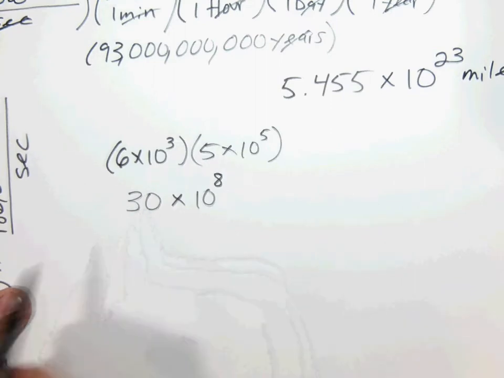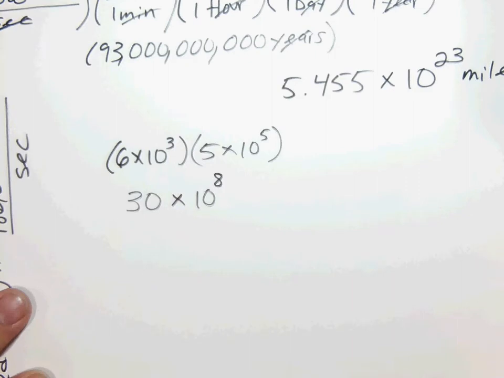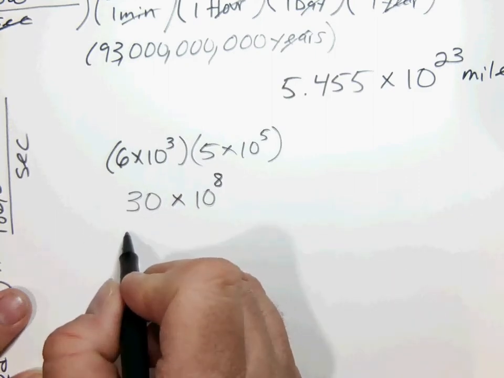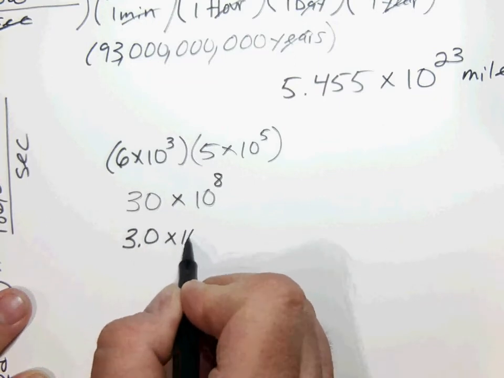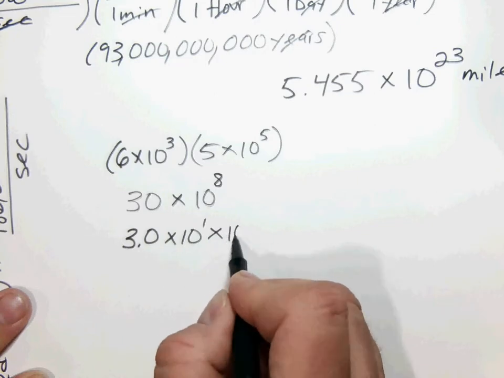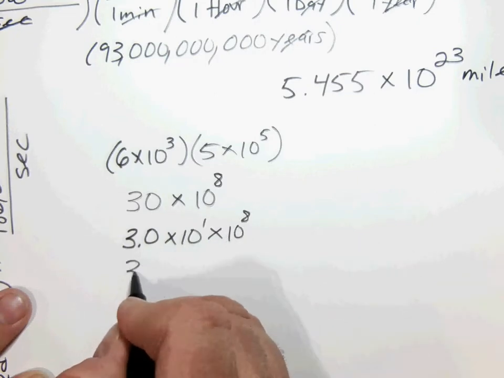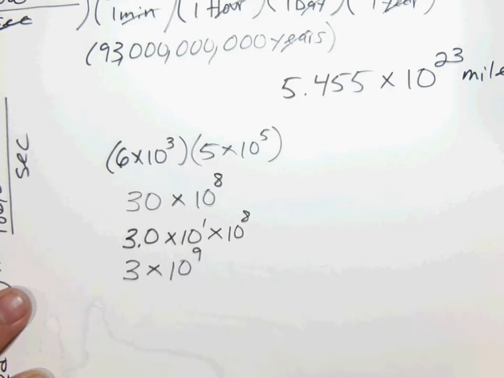But see, this 30 is no longer in proper notation because I'm only supposed to have one number and then a decimal point. So I really need to call that 3.0 times 10 to the power of 1. That's how I would write the 30, but then I already had a 10 to the power of 8. So it's really 3.0 or just 3 times 10 to the power of 9. So I had to make a correction, in other words. Okay, sometimes you have to do that.